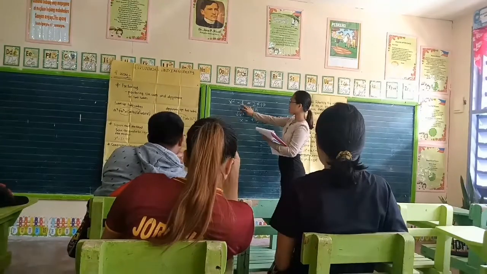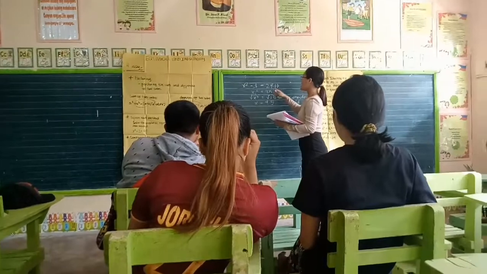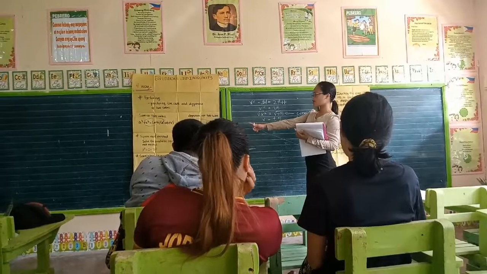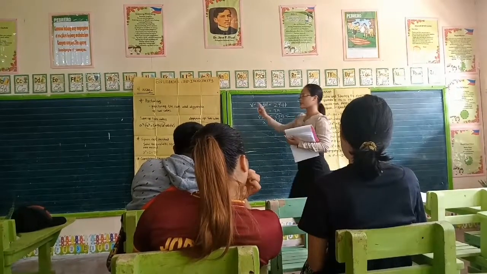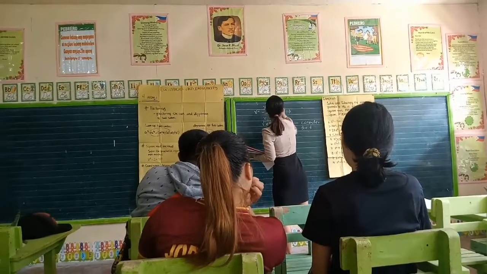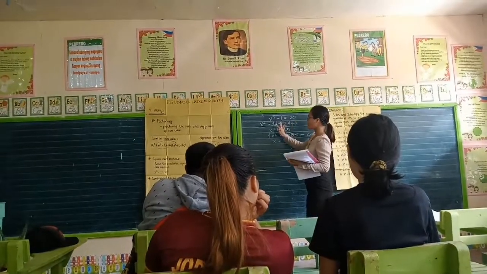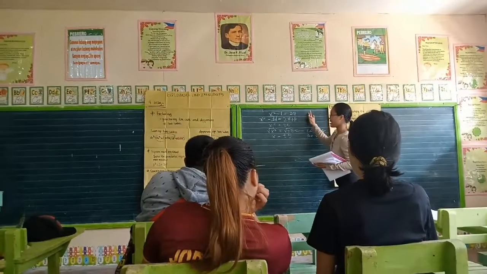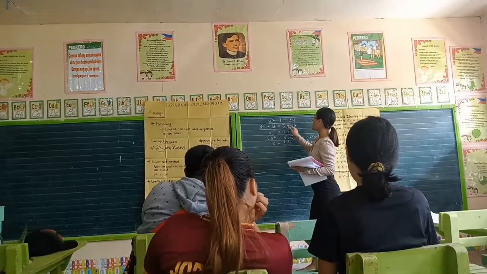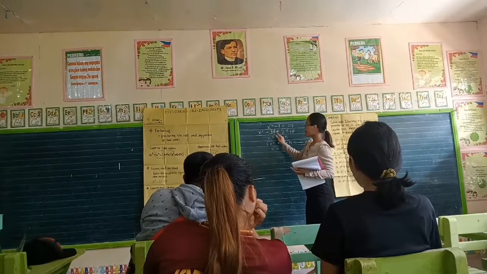So, x squared minus 1 plus 1 equals 24 plus 1. It becomes x squared, since negative 1 plus 1 equals 0.